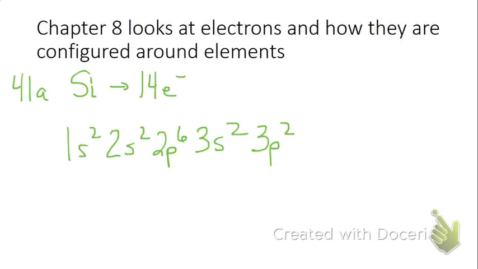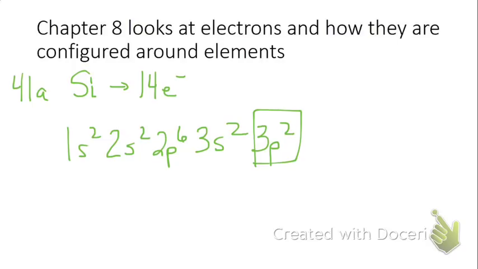And actually, if you look at the periodic table, we'll talk about the p block and the s block in the next slide. But Si is in the p block, and it's 2 spots to the right, and so it should end at 3p2. So again, just ways to check ourselves to make sure we're on the right track. So this is the full electron configuration.